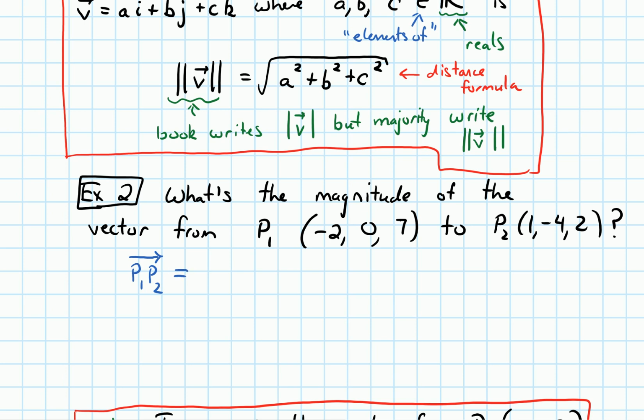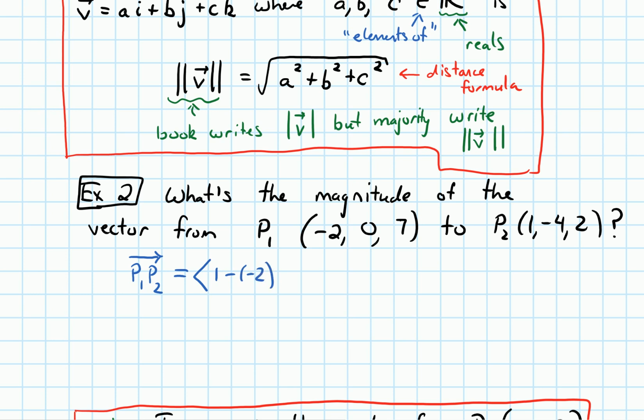So first up, I need to find that vector. To find the vector that connects these 2 points, starting at P1, ending at P2, I'm going to use my component notation. I'll subtract their x components, or their i components, but I have to do P2's minus P1's. So I have to do 1 minus negative 2.